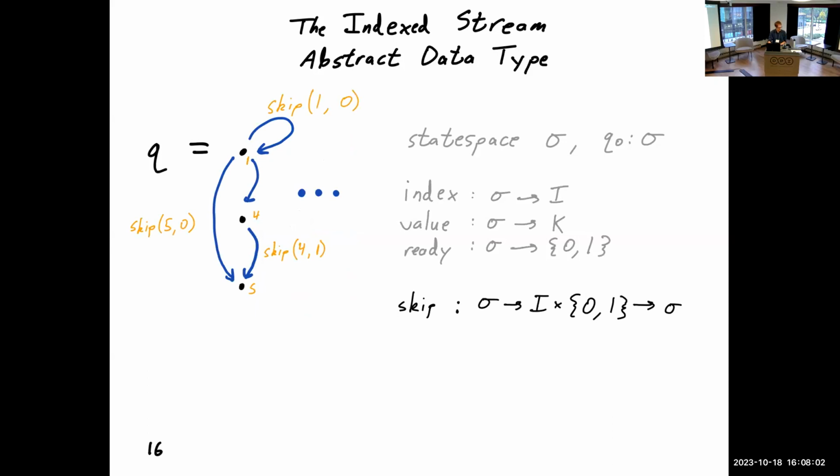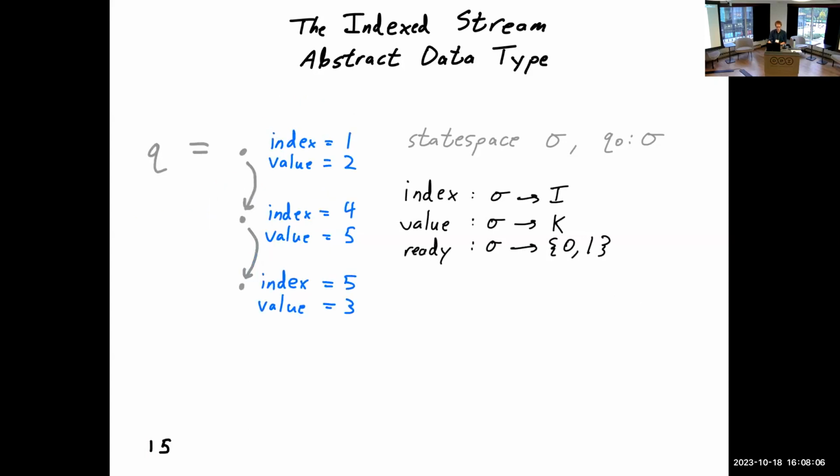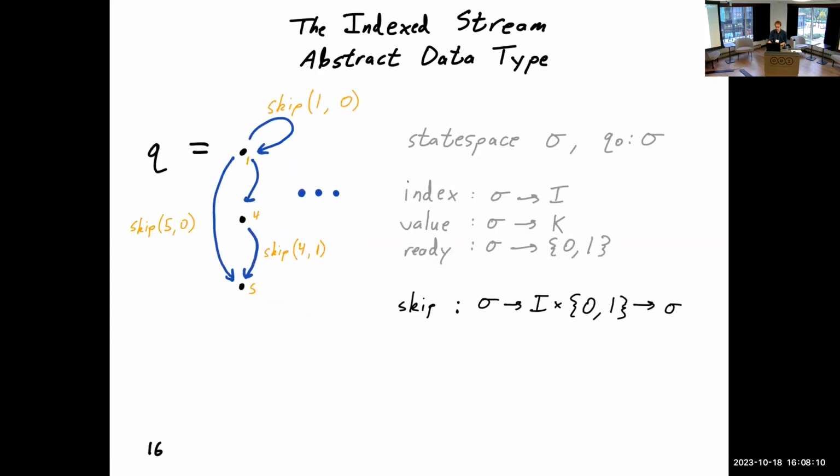I simplified the diagram a little bit so far. In fact, there's not necessarily a linear sequence of transitions between these states. The transition function is labeled by a desired index value. This is used to model data structures that allow efficient access to particular values. We'd like to be able to make use of, say, binary trees, which provide a way of efficiently jumping ahead to a particular index.